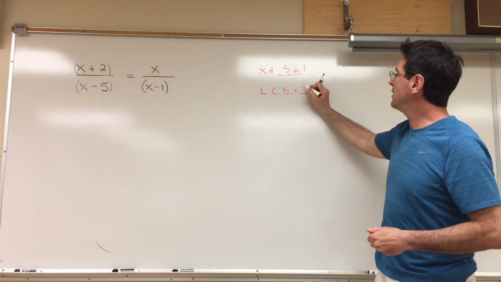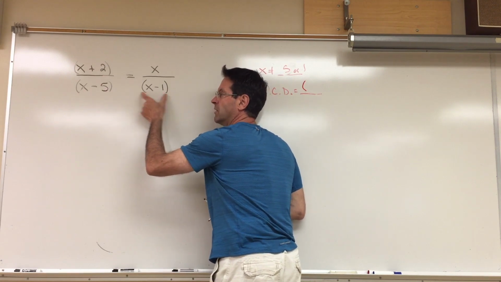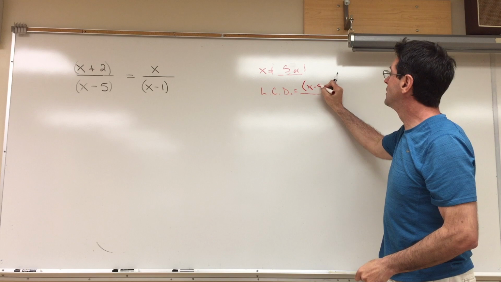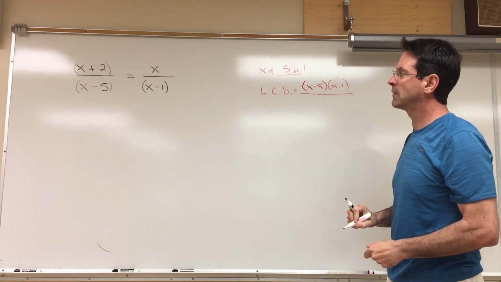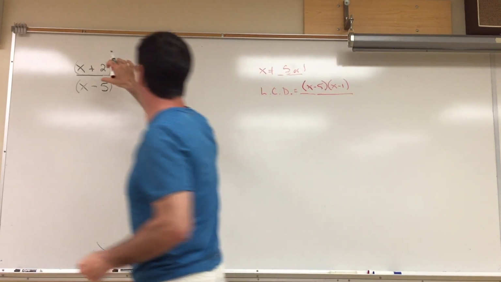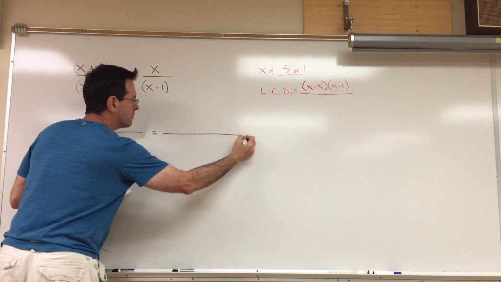Find the lowest common denominator. The lowest common denominator occurs by multiplying the two denominators, x minus 5 times x minus 1. Leave it in its factored form; it's going to be more helpful for us here. We're going to take that LCD and multiply it into the numerator. It's going to get large before it gets smaller.